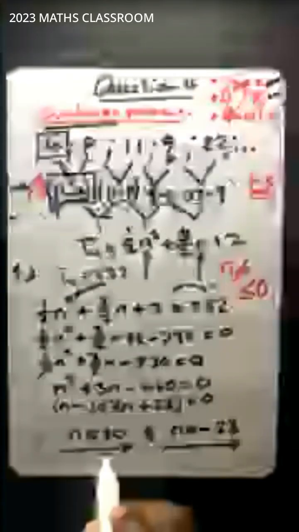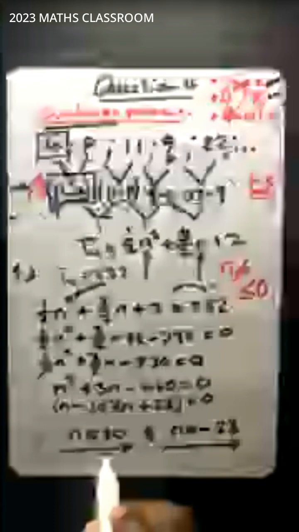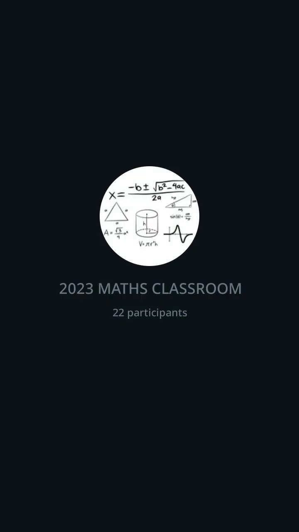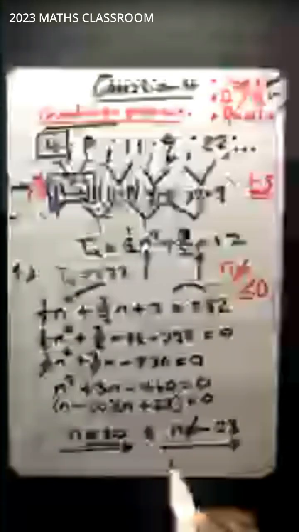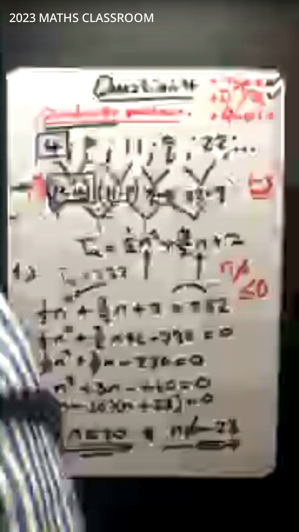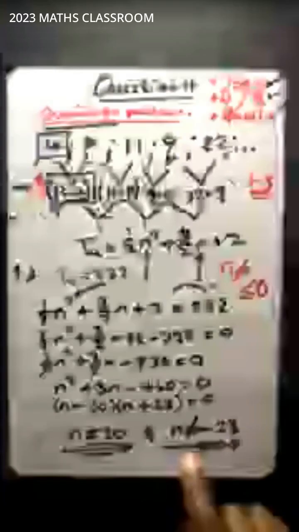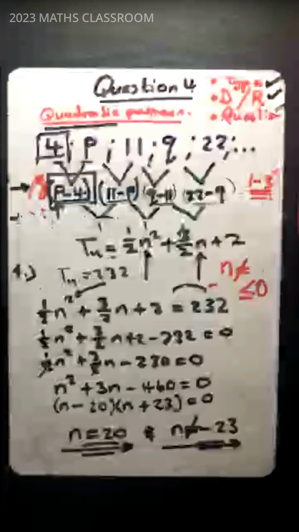This one, which is not an answer, you therefore need to cross it out. Because if you don't, it's more like you are giving me as an examiner two possible answers, which I don't know which one it is. Imagine these are two doors. You don't know which one opens up to heaven. So if you don't cross this one and say use this, I won't know which one you use.